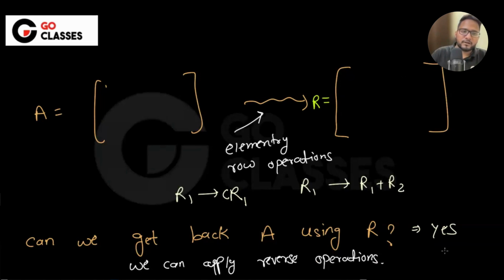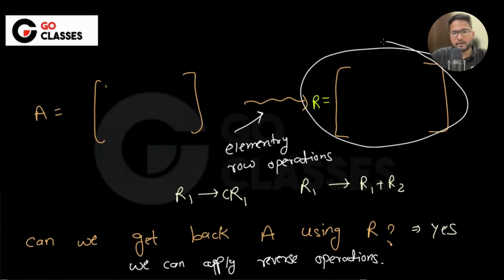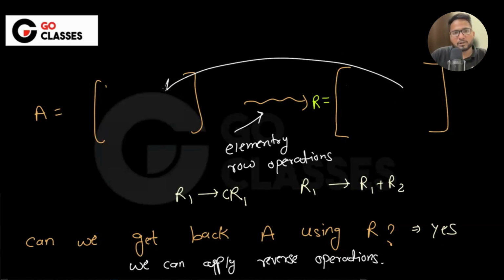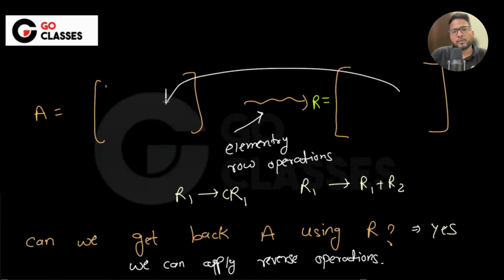So whatever matrix R you have here, you can get the same matrix A back.